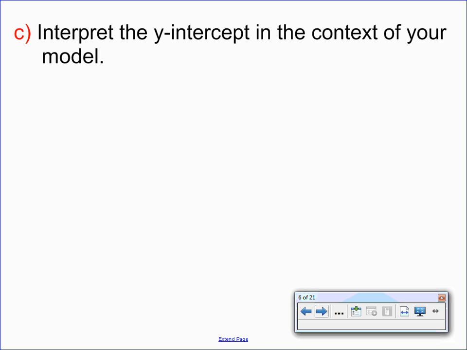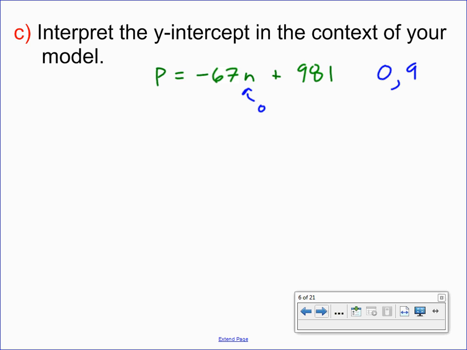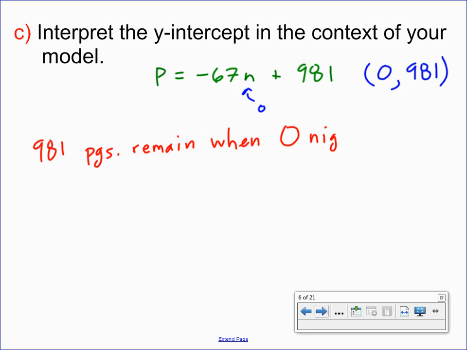So for our model, p equals negative 67n plus 981. Our y-intercept then, when n is 0, gives me 0 comma 981. And we can interpret that by saying 981 pages remaining when 0 nights are spent reading.